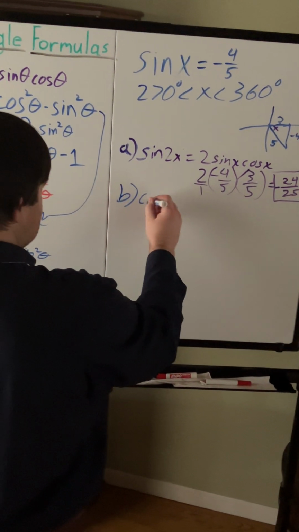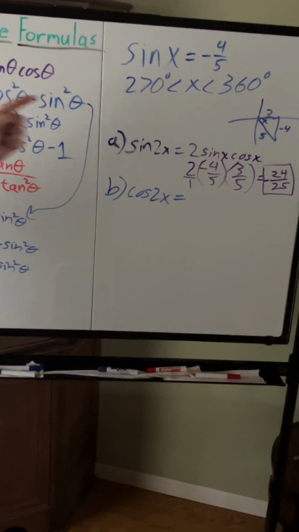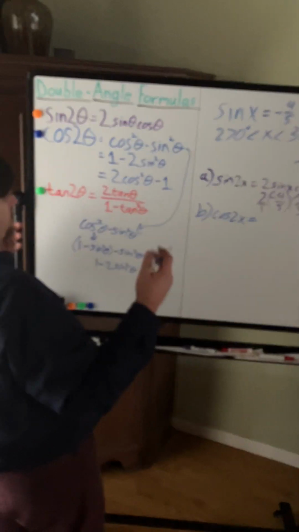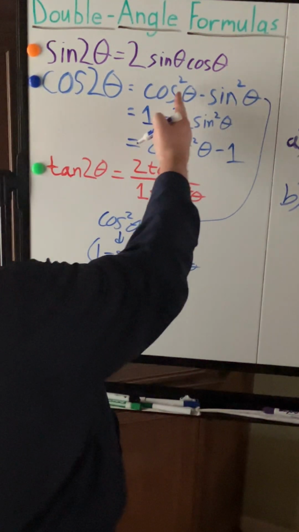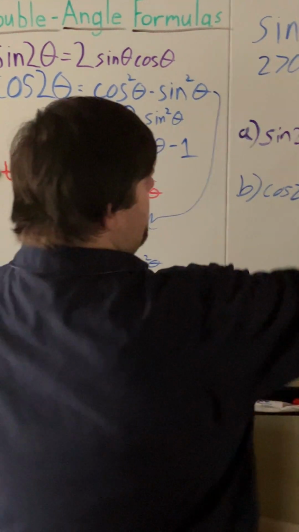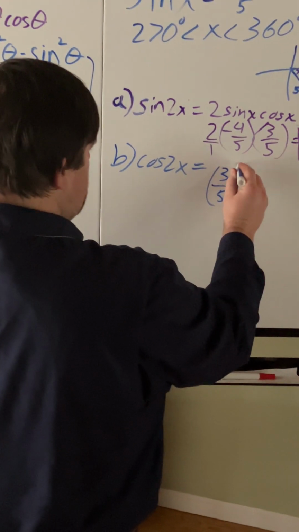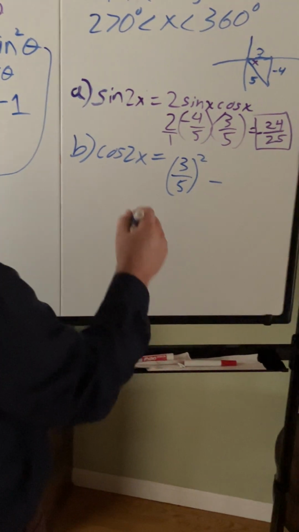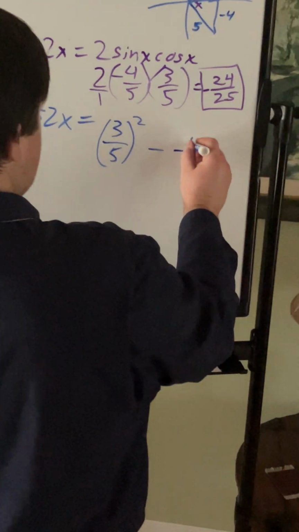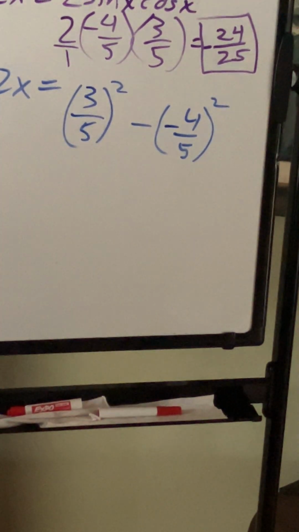Cosine 2x, again, we just come to our formulas, use either one of them. If I use the first one, cosine squared, that's going to be 3/5 squared minus sine squared, well, that's -4/5 squared.